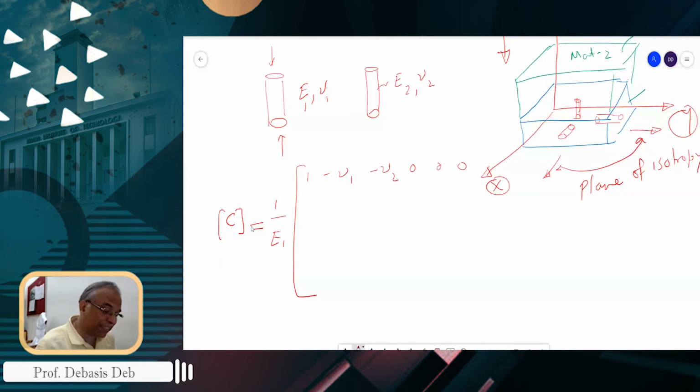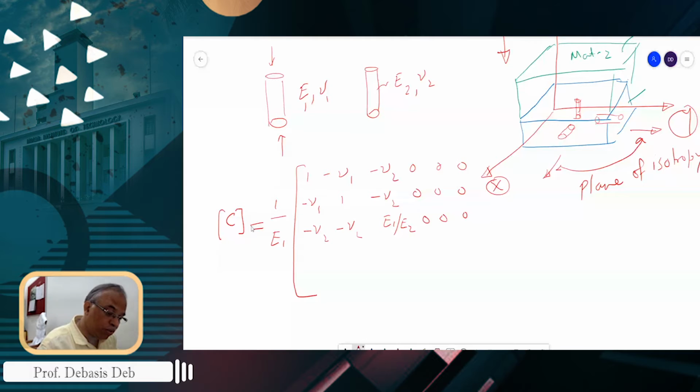That remains as it is. Then minus mu1, 1, minus mu2, 0 0 0, then minus mu2, this is E1 by E2, 0 0 0.